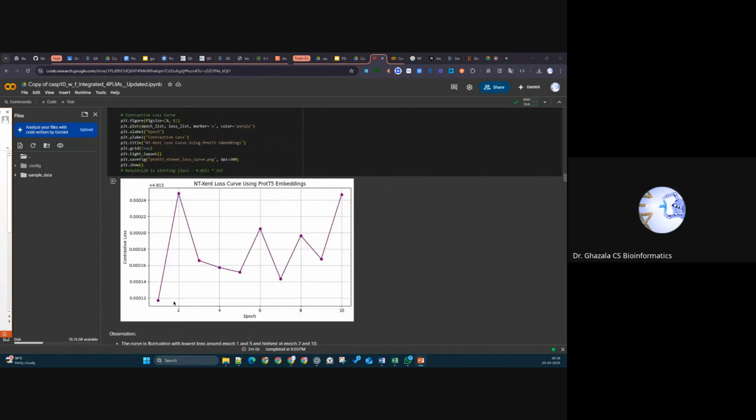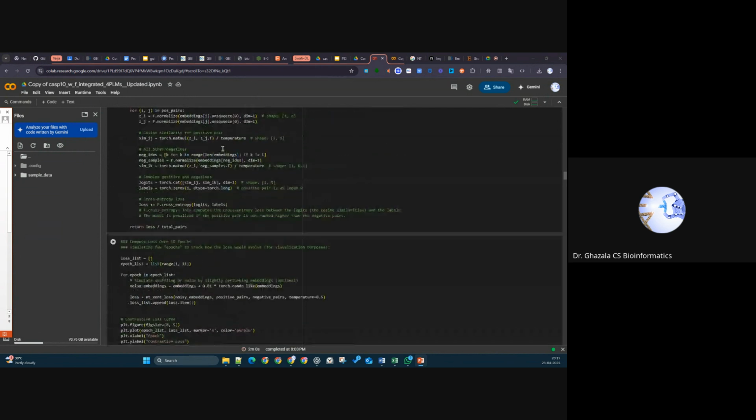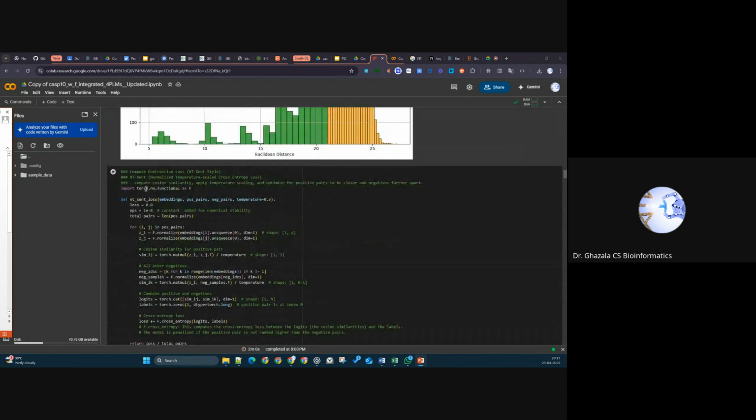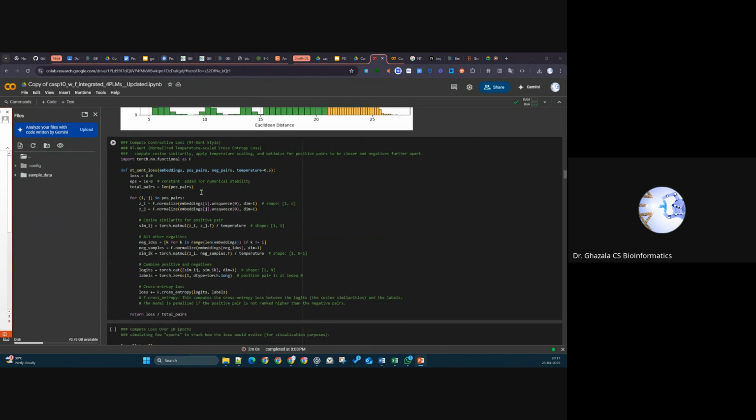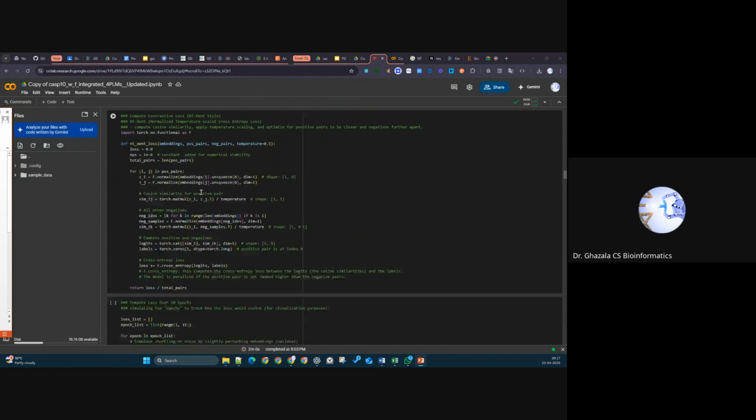Right now we are showing the loss. For each training phase, what is the loss percentage or probability? That's what it is showing here. For each training phase, what is the estimated loss? Like, what should be the real one, and what is exactly calculated by the loss estimation that we did during contrastive learning, what the model has learned already and what should be the actual one.